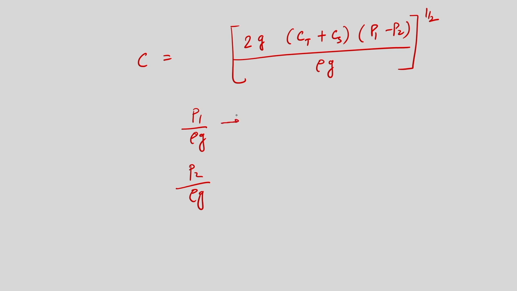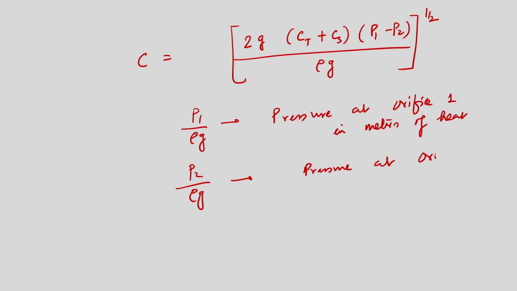P1 by rho g is the pressure at orifice 1 in meters of head, and P2 by rho g is the pressure at orifice 2 in meters of head of the flow.